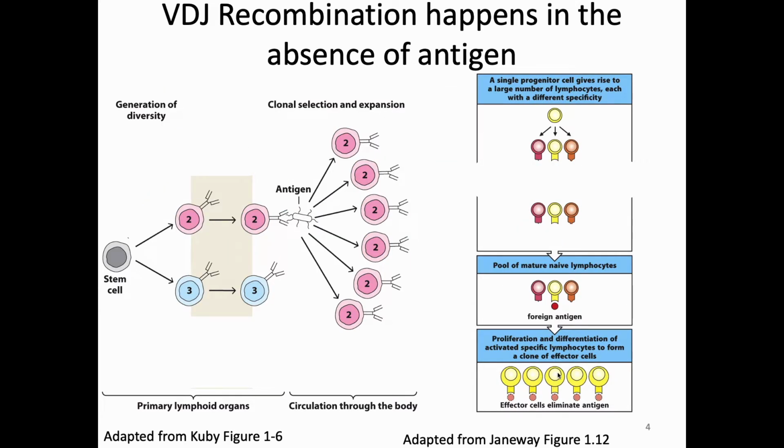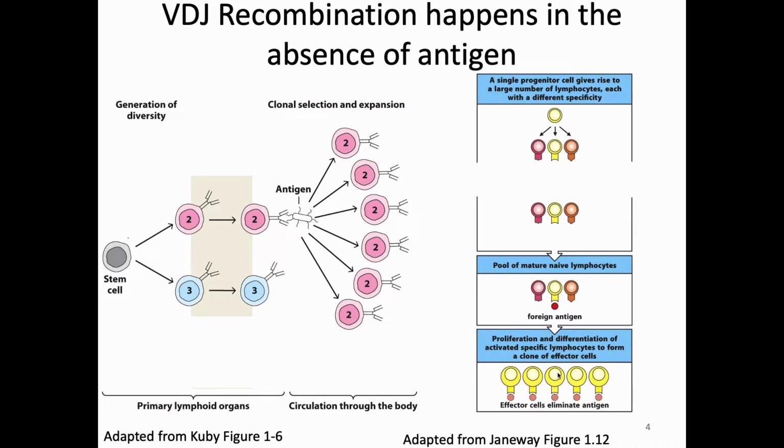But we've got one other piece of all of this. So when I've told you about clonal selection before, this is the way I've depicted clonal selection. Every part of this that we've seen thus far has had nothing to do with antigen. So we've made a heavy chain.